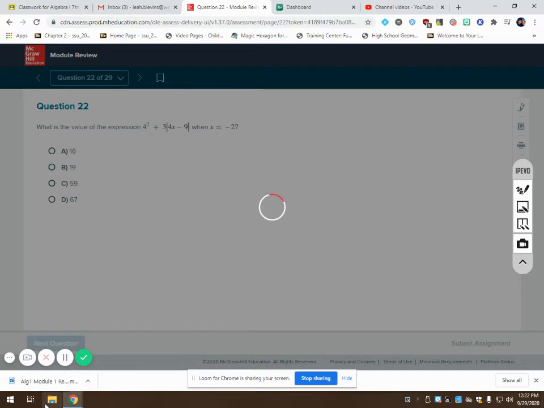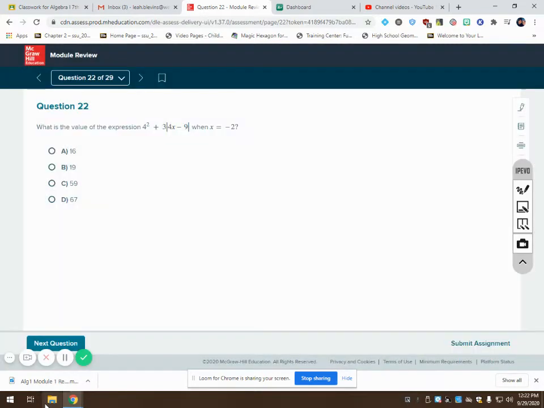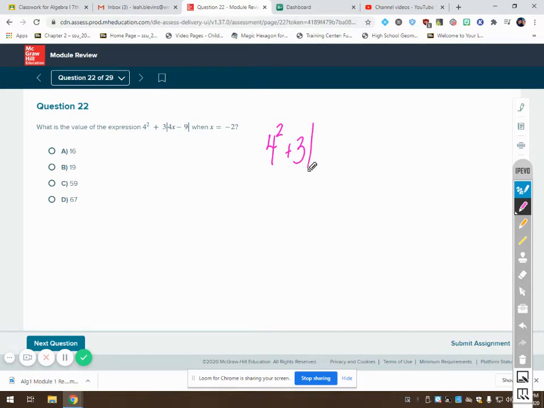Question number 22. What is the value of the expression 4 squared plus 3 times the absolute value of 4x minus 9 when x equals negative 2? So we've got to substitute in that negative 2: 4 squared plus 3 times the absolute value of 4 times negative 2 minus 9. We'll do what's inside parentheses first. We don't have parentheses, but the absolute value marks act as parentheses because they group everything inside of it together.